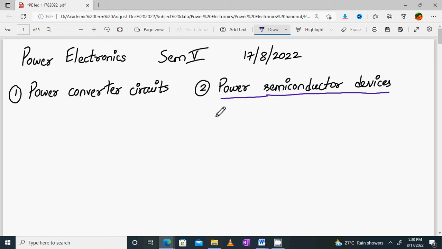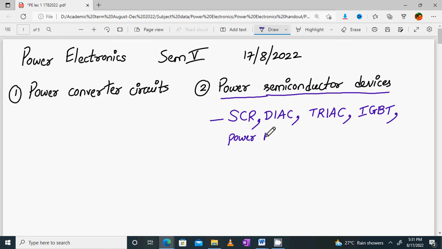Some of the power semiconductor devices are SCR, then we have DIAC, TRIAC, then IGBT, then power MOSFET, and finally power BJT.